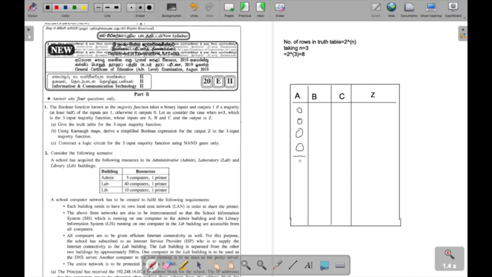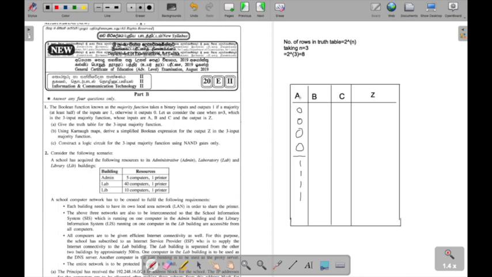And here we have ones, 1, 1, 1. As you saw, 2 to the power 3 is 8, so there should always be 8 rows. So now you have 0, 0, 0, 0, 1, 1, 1, 1. This should always be followed when you consider the first column.